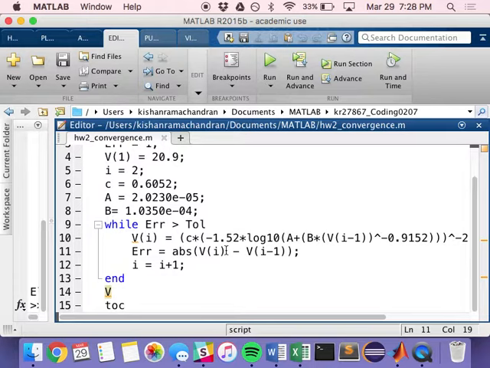Also, you should probably absolute value all of these, because you don't want negative tolerances. If your error is just negative, let's say the value goes down, then it's going to end on the first iteration. You don't want that. You want the absolute value of it to be lower. This one is how close it is to actually being 0. This one is how close the guesses are to each other. This one is like that cosine x equals x thing, how close the left side is to the right side.